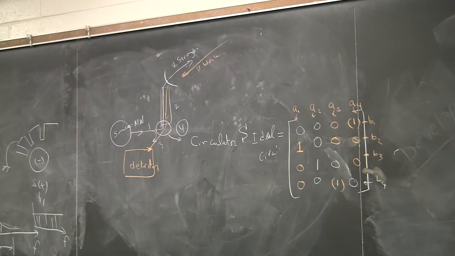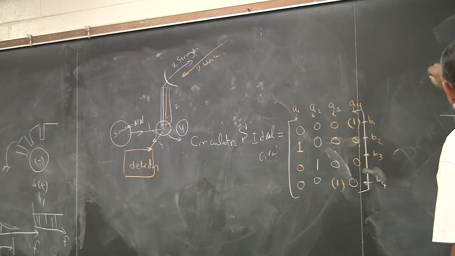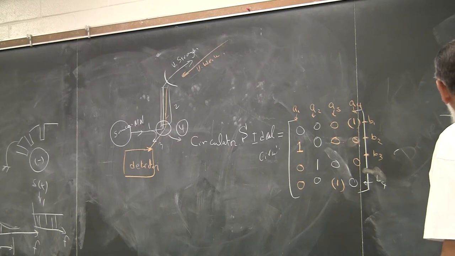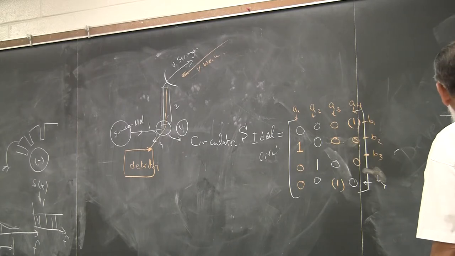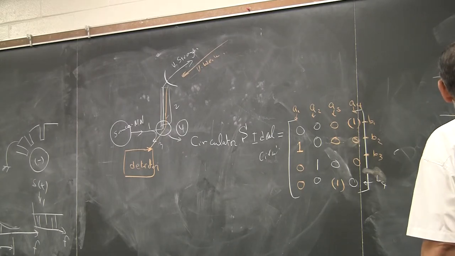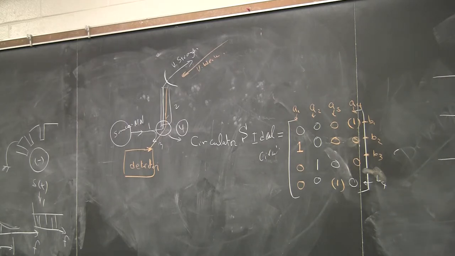Now, there are many designs for circulators. One simple one is basically the same thing that we've done for the directional coupler. You have two guides with a couple of holes, and you would have these coupling coefficients causing a 90 degrees phase shift.